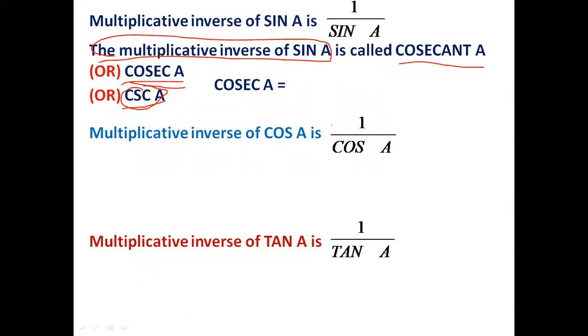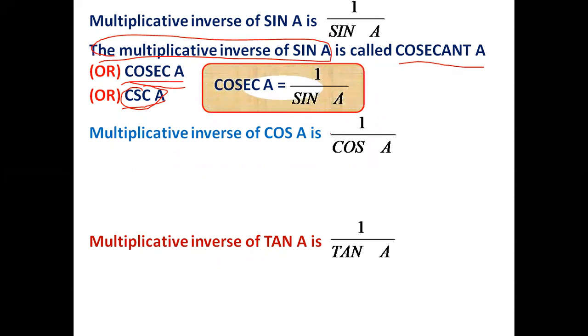That is 1 by sin A. So cosec A can be equated to 1 by sin A. This you have to remember as a formula. So cosec A is equal to 1 by sin A.